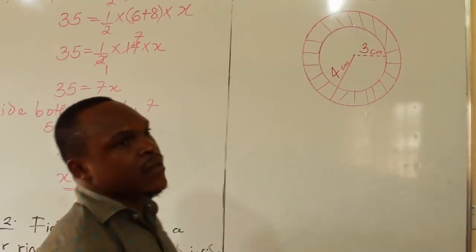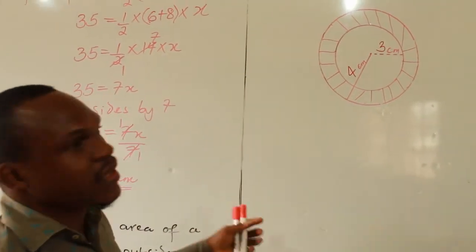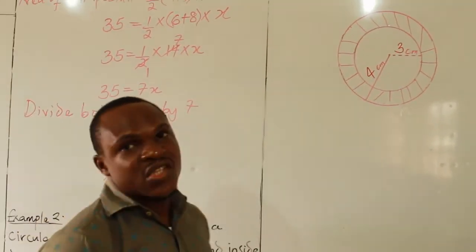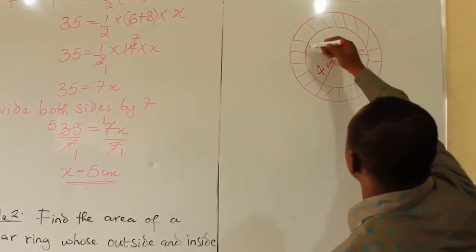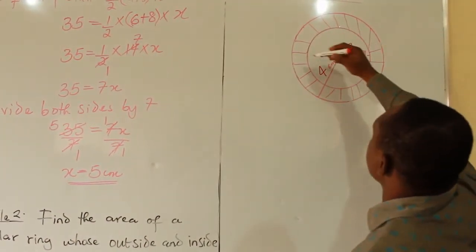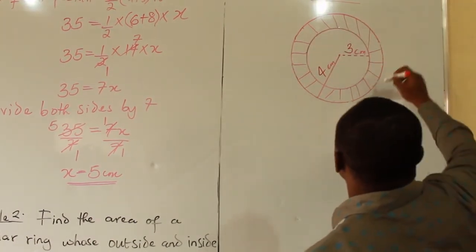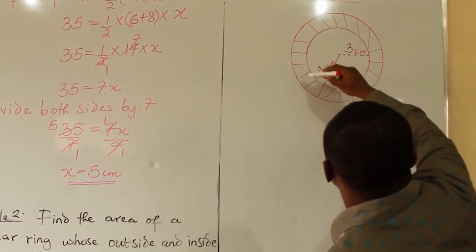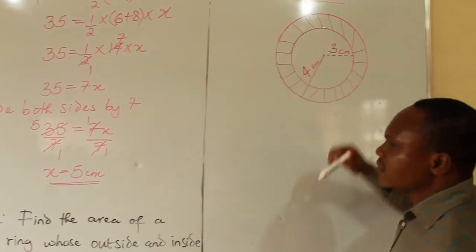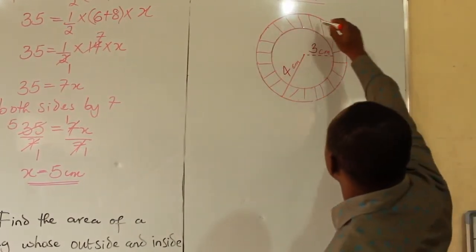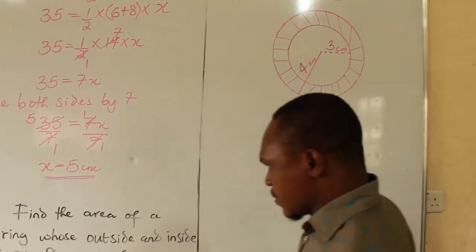The circular ring is a plane figure that has 2 circles, a bigger one and a smaller one. It's just like what we have here. We have a smaller circle inside with an opening, then a bigger circle outside. So this is the area we are referring to. This is the area of the circular ring. The shaded portion is the area of the circular ring.